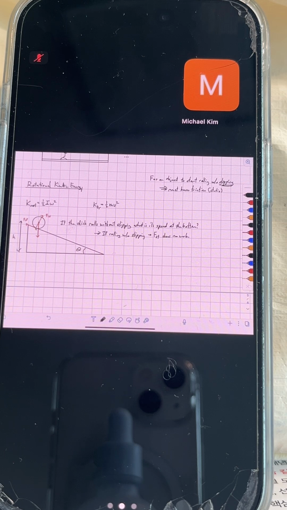Because of that, only gravity is doing work. And so this told me that my mechanical energy is conserved.